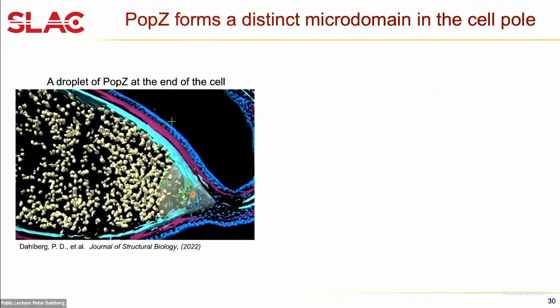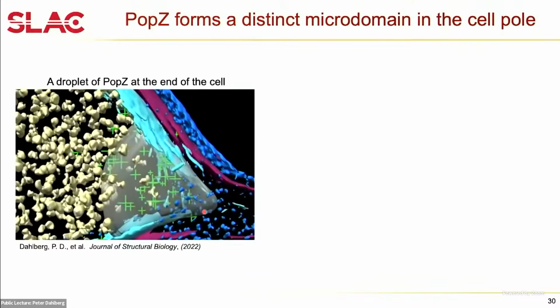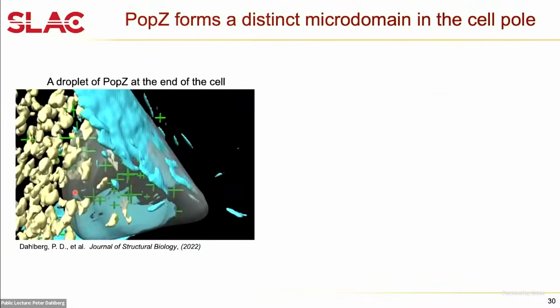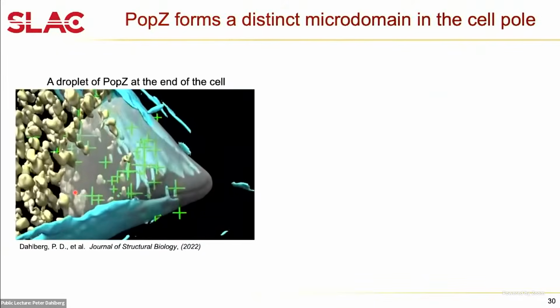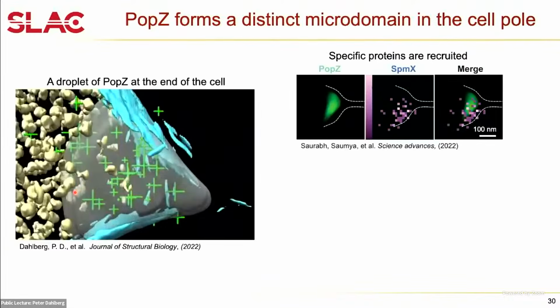Our green crosshairs here now are our single molecule localizations, and this gray cloud is actually an entire droplet of this protein POP-Z. So what is POP-Z doing in asymmetric division as a droplet? Well, one thing it's doing is recruiting other proteins to this microdomain, as I'm calling it, this sort of well-defined region within the POP-Z. And one of these proteins is a protein called SPAM-X.